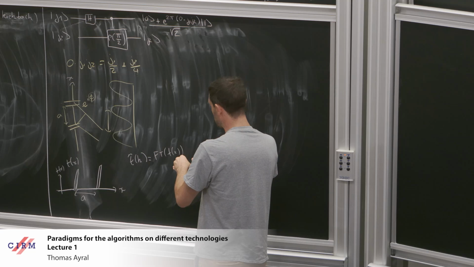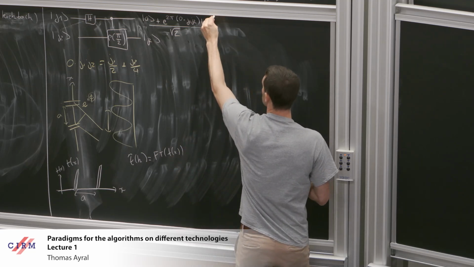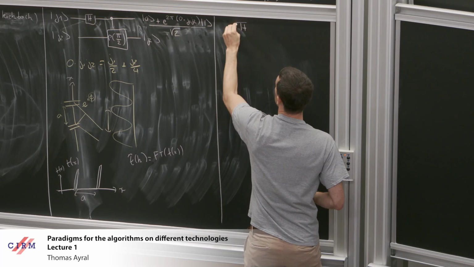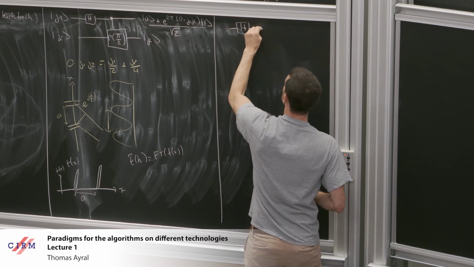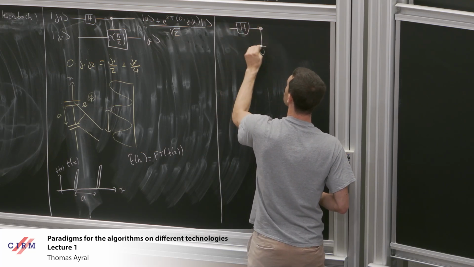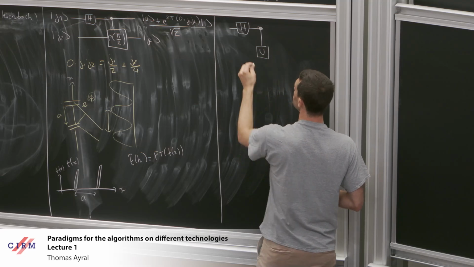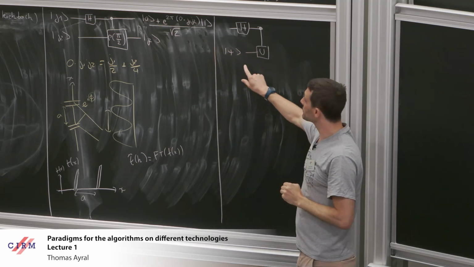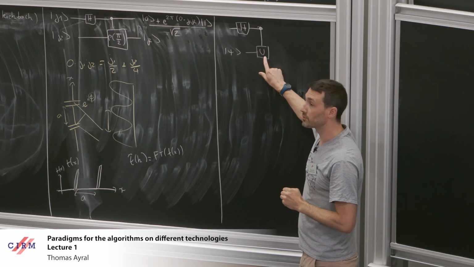Why? Because here I'm going to study a slight generalization of this. I'm going to take a circuit here, H, and I'm going to put here a unitary U, and input here a vector psi, which is supposed to be one eigenvector of U.